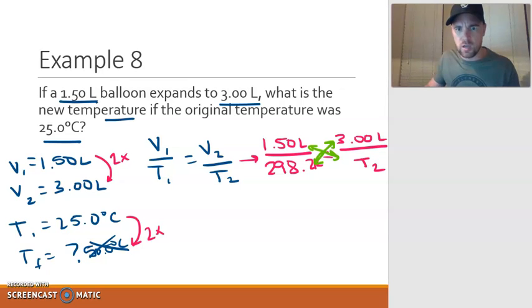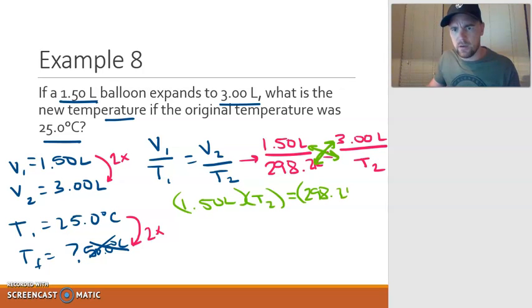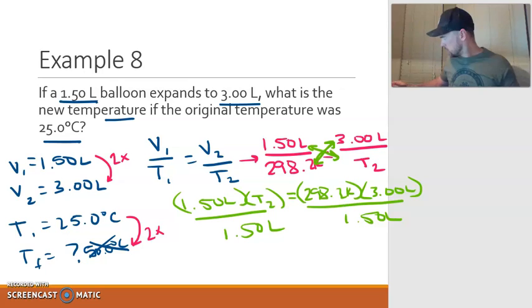And so it would look like 1.50 liters times T2 is equal to the 298.2 Kelvin times 3.00 liters. So that's this cross multiplying. And so we're going to solve for T2 by dividing both sides by 1.50 liters. Okay, so let me get our calculator out, see what I end up getting.